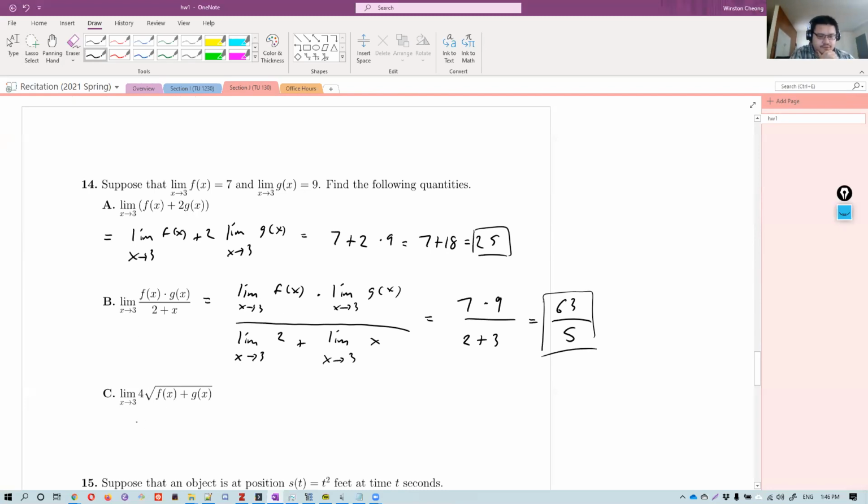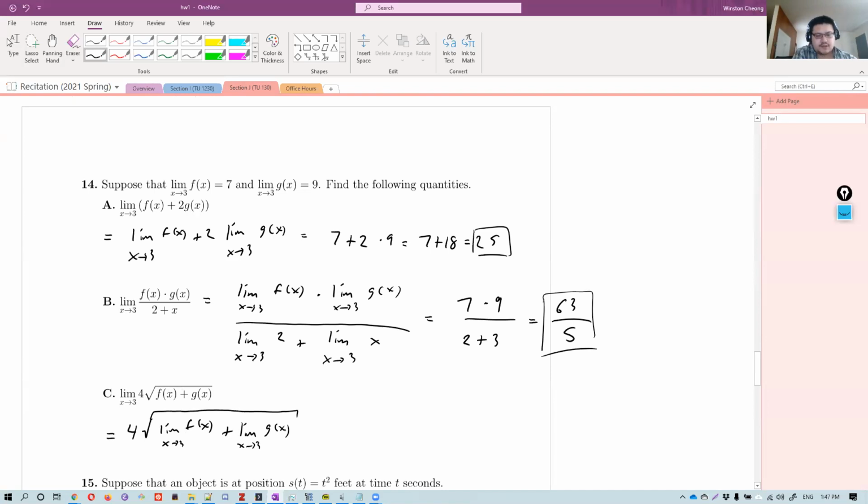For C, well, we can pull the 4 out, and then we can push limit through a square root. In fact, we can push it through any exponent. So this will become the square root of the limit as x approaches 3 of f of x plus the limit as x approaches 3 of g of x.